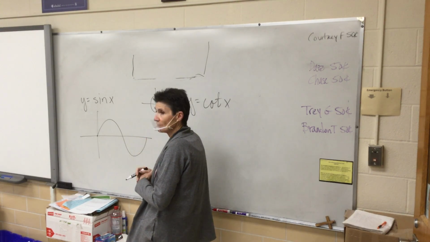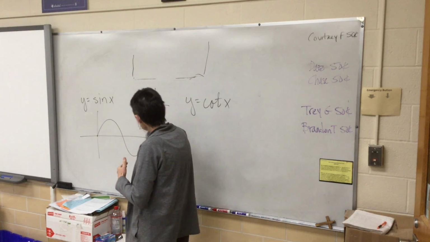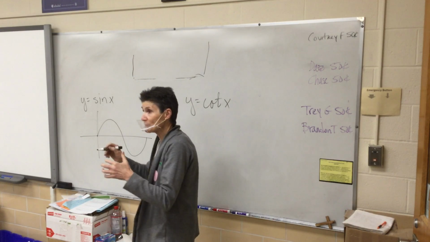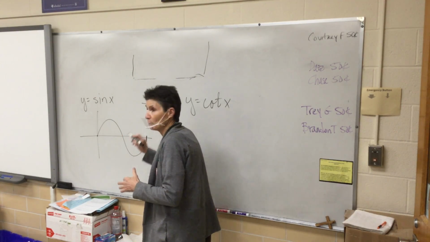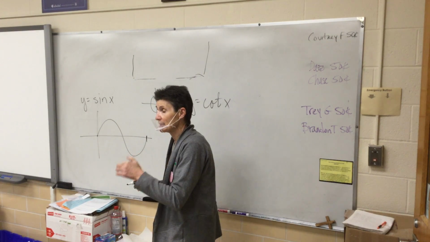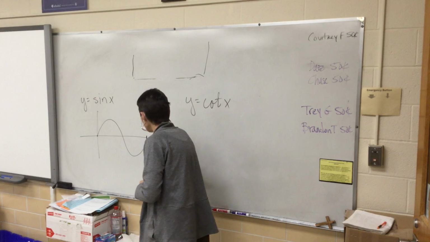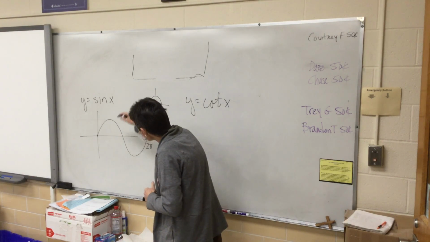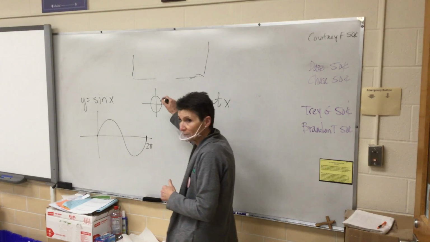This represents a revolution. So in radians, if this picture represents a revolution, then what will this end label be? What is a revolution in radians? 2 pi. So once around is 2 pi. So this picture represents one revolution.